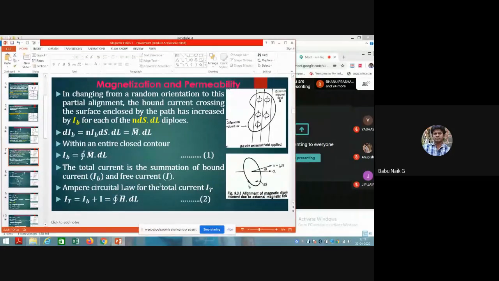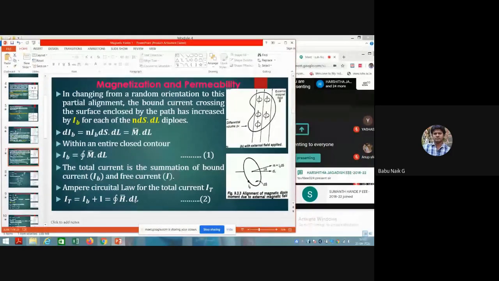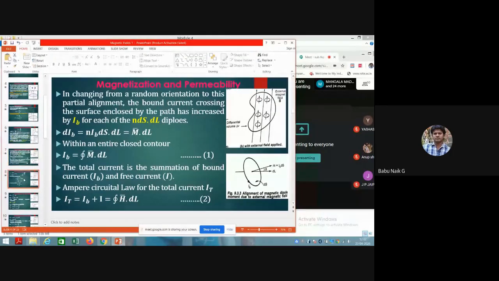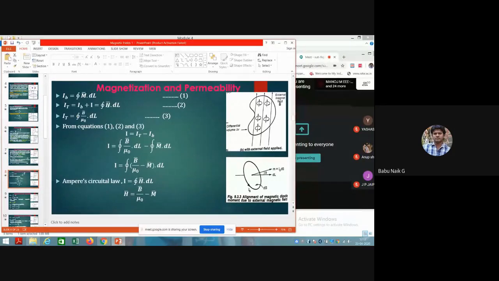Then further, we have also seen Ampere's circuital law, that the total current is the bounded current, which has the dipole moment of the bounded charge, plus the current flowing through this closed area. Okay, so that is I here, which is nothing but our Ampere's circuital law, the closed line integral. And with these things we calculated the magnetization, that is the dipole moment here.